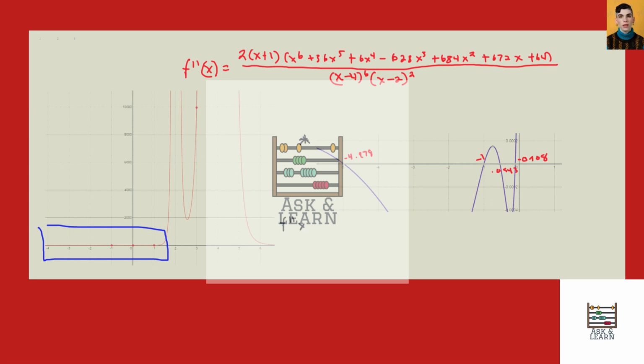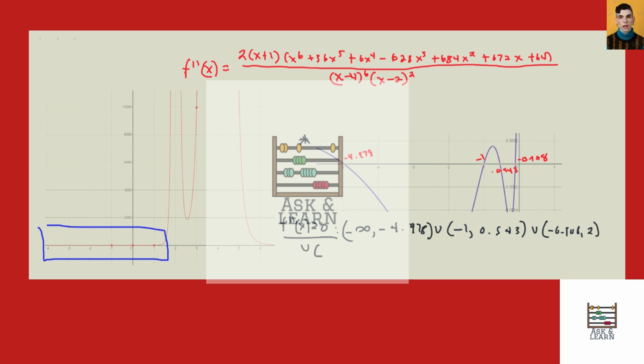When f double prime of x is strictly larger than 0, that's going to be from negative infinity to about negative 4.978, union negative 1 to 0.543, union negative 0.108 until our first intercept, or vertical asymptote, at x equal to 2.